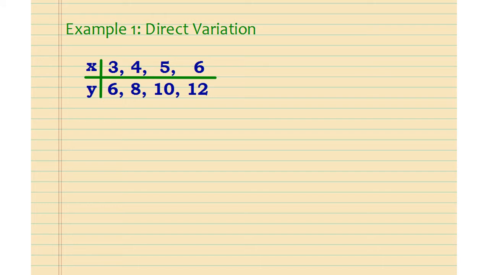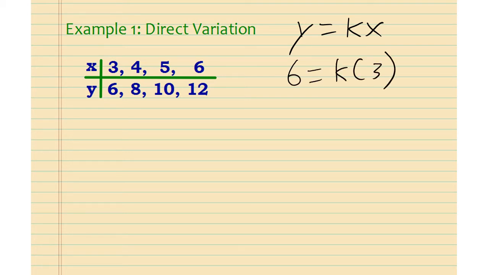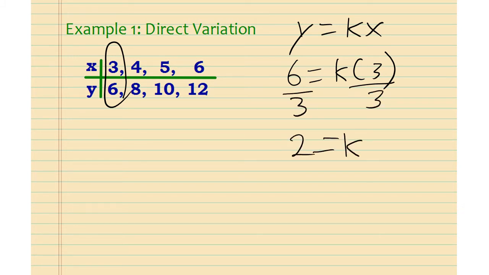So here's an example. Direct variation. Remember, as soon as I see those words, I write y equals kx, and then I plug in the numbers. 6 equals k times 3. See, I took this point right here. I took the y value and the x value, put them into the equation, solve for k, divide both sides by 3, and I get k equals 2.